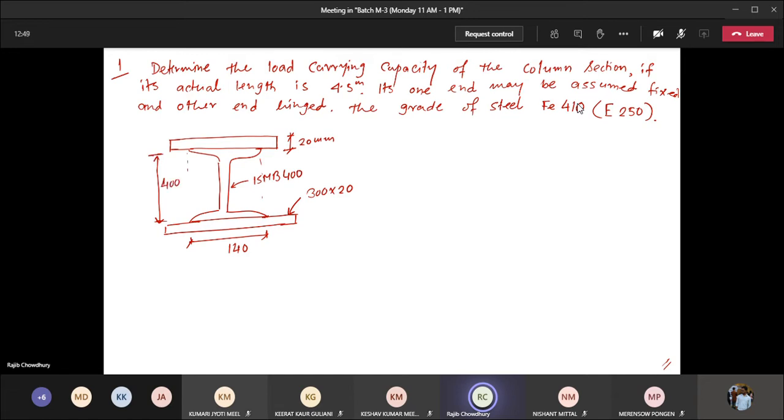ISMB 400, that means depth is 400. Okay, so this particular column section is to be realized and to be considered.